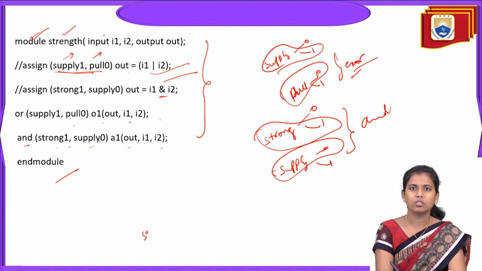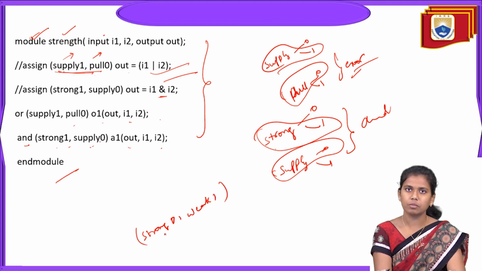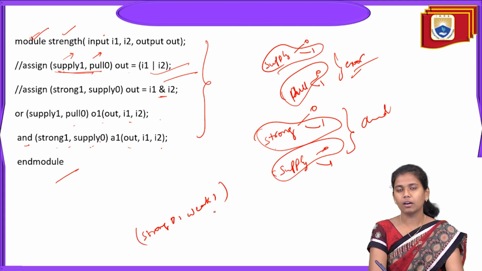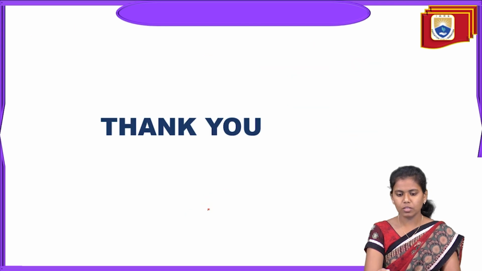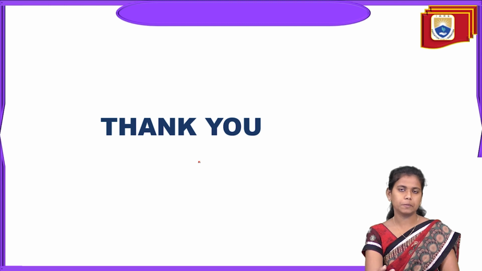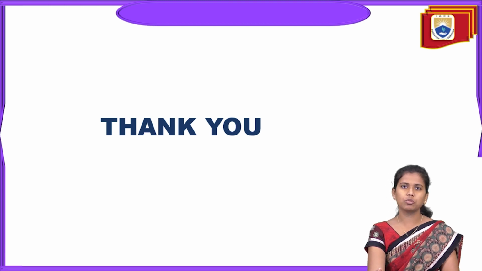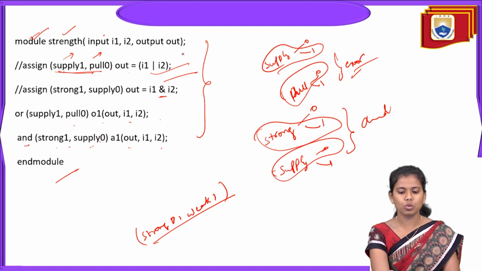Sometimes we can write strong 0 and weak 1. This is about the signal level that I have considered. So this is how I can write the Trireg nets with respect to the strength of a particular signal, and the syntax goes with respect to the signal strength level.